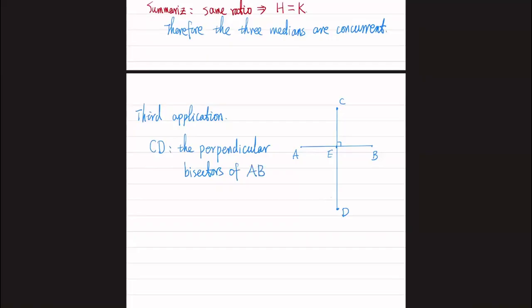Because it's perpendicular and because E is the midpoint, it is a bisector, not just perpendicular. An important property of this perpendicular bisector is for any point on the bisector, the distances to A and B are the same.